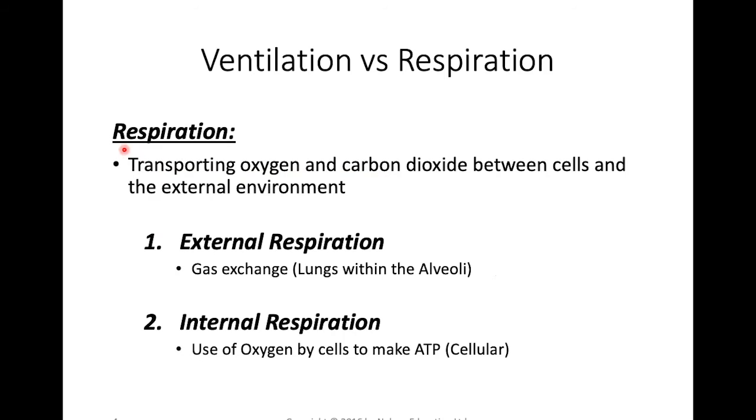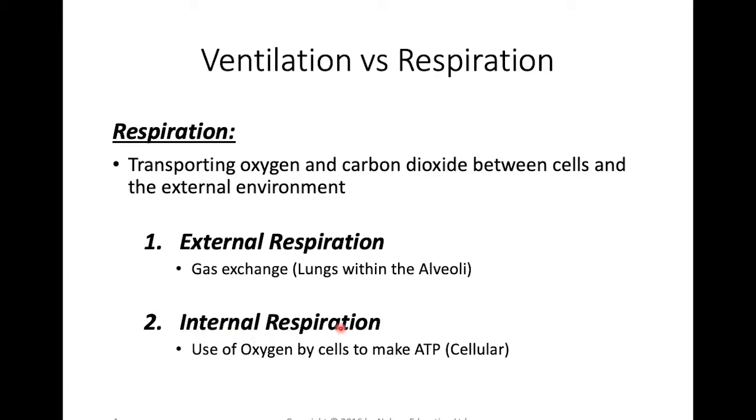When we look at respiration, we're focusing on the gases that are going to be diffusing from the external environment into our bloodstream and vice versa, from our bloodstream out to the external environment. There are two main types of respiration that we're going to be looking at: external respiration and internal respiration. Internal respiration is also known as cellular respiration.